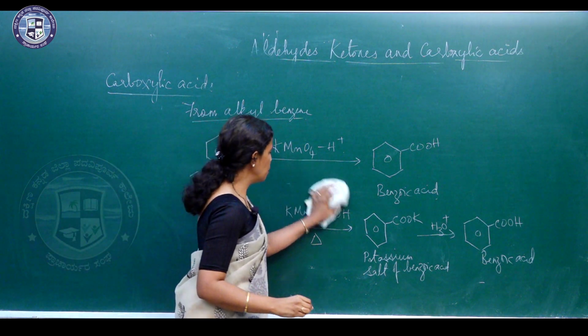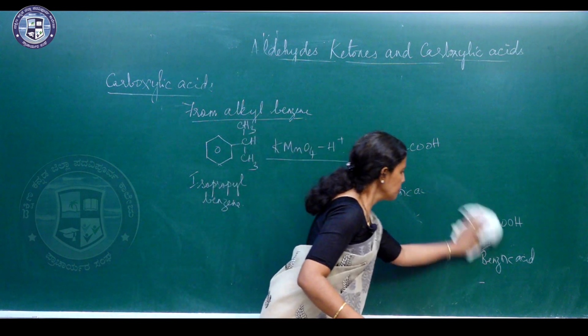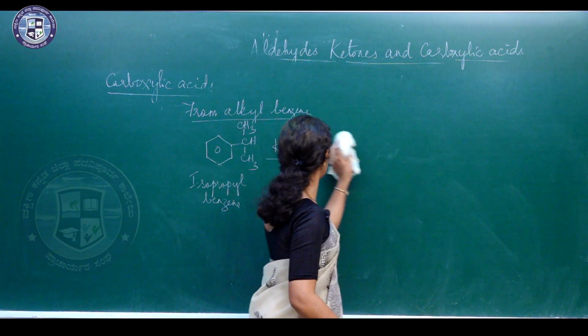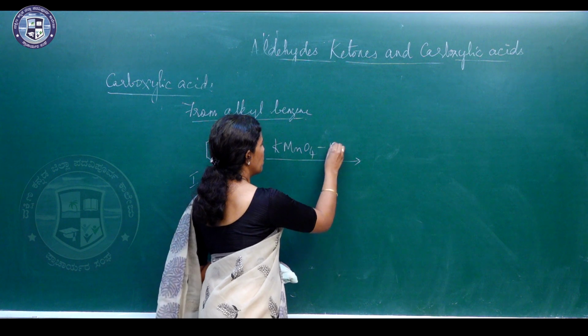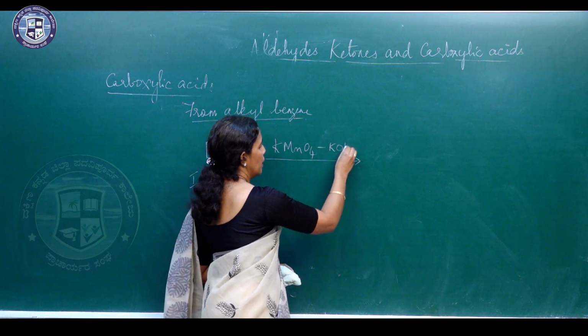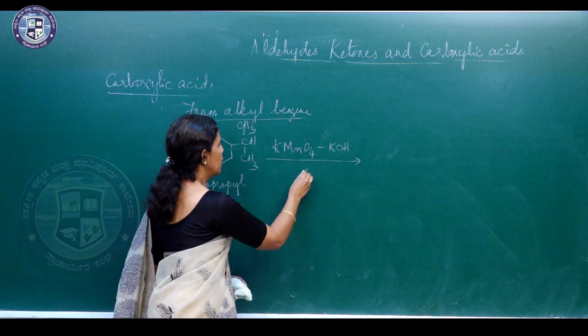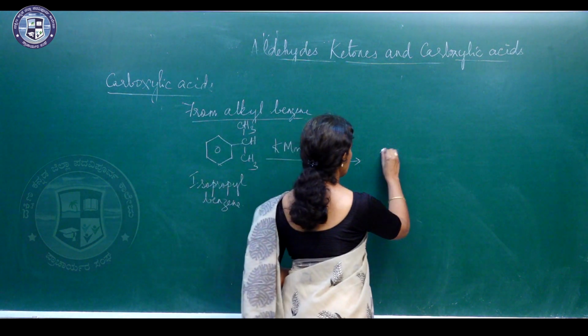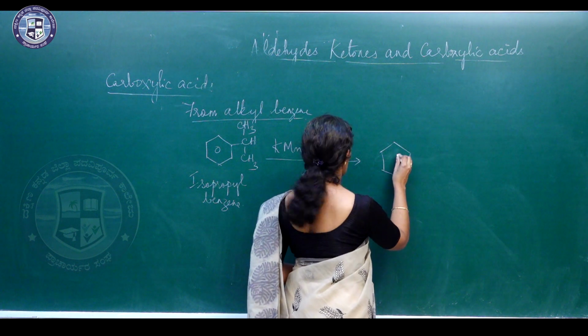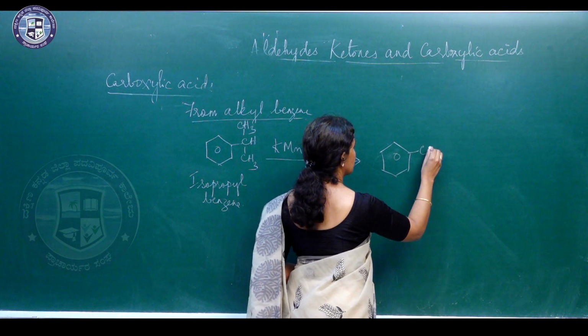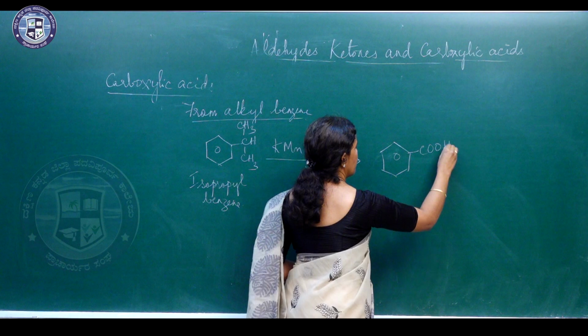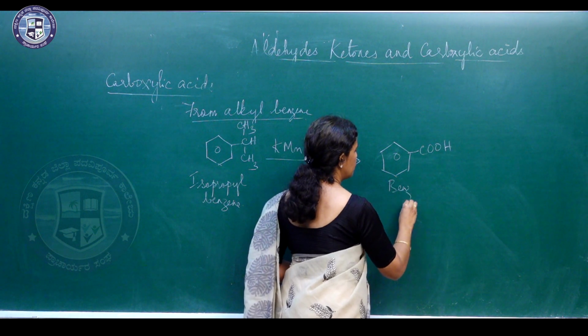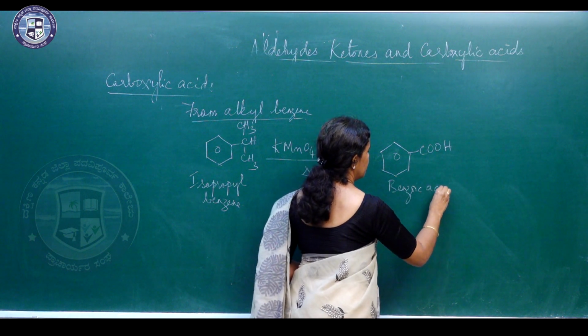Subjected to oxidation in presence of KMnO4 in an alkaline medium, heat it, and the entire side chain gets oxidized. So, it forms benzoic acid.